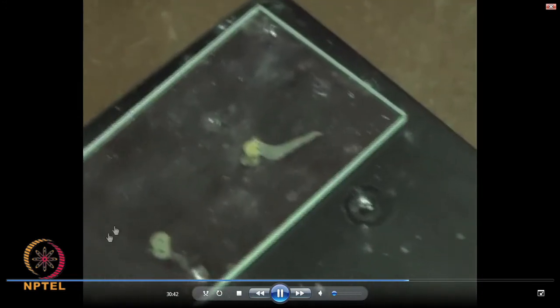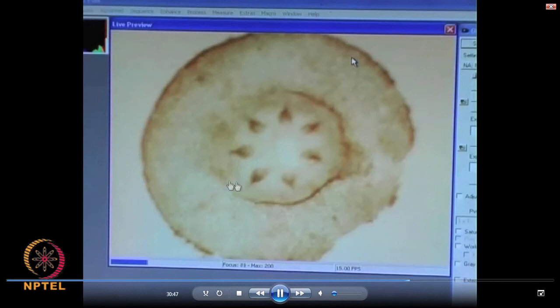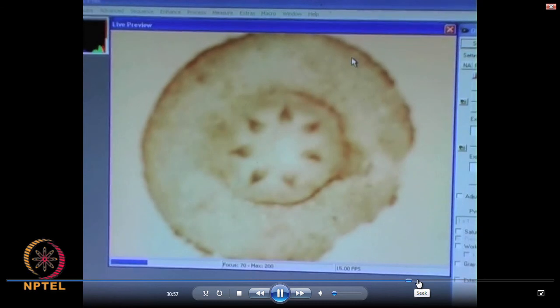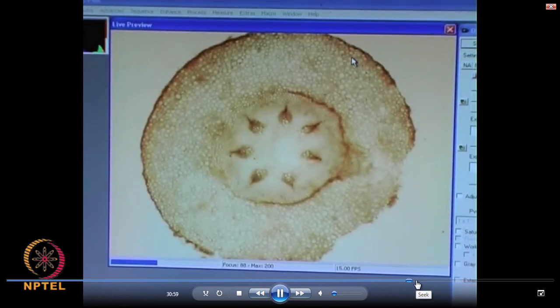This is how it is kept, and a couple of specimens are there, and you are now looking at the bright field illumination. So, this is bright field illumination.